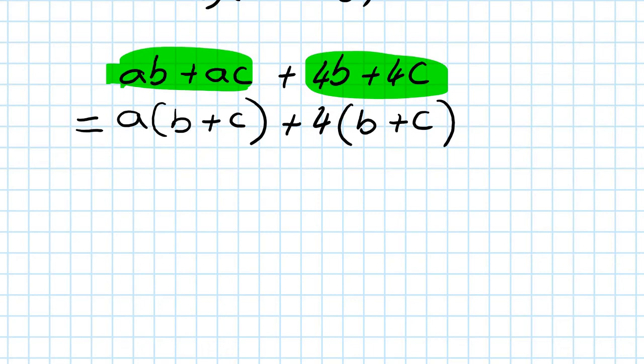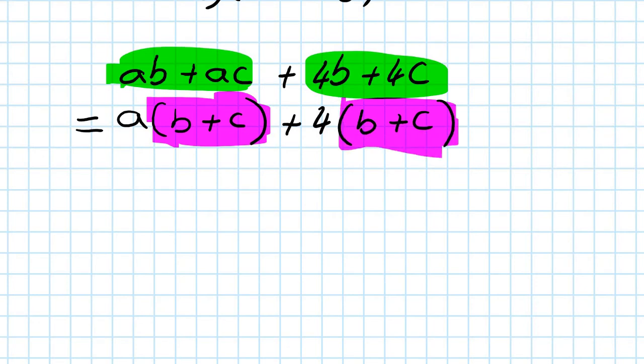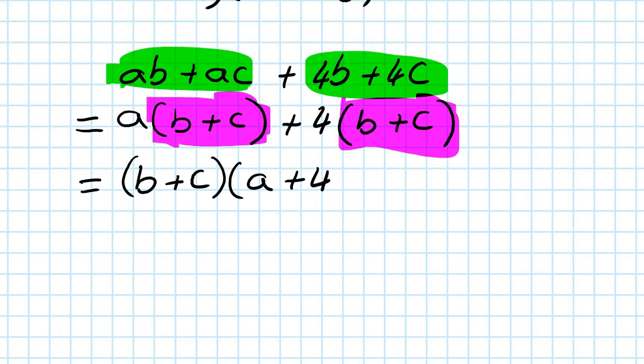That's it. Now the common factor for this is b plus c. Just follow the process. So the answer is b plus c first, and then you're left with a plus 4.